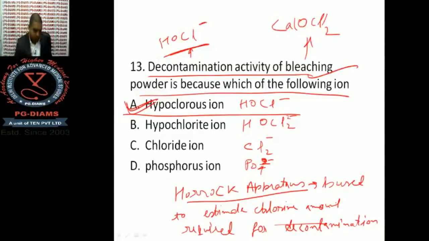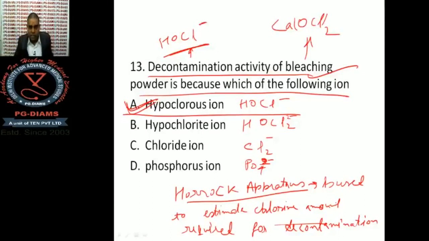Okay, so let me revise this whole concept. There is a cholera epidemic in your area. You went to a well, took some water out, put it in 5 test tubes and calculated what amount of bleaching powder is required to be poured in that well.